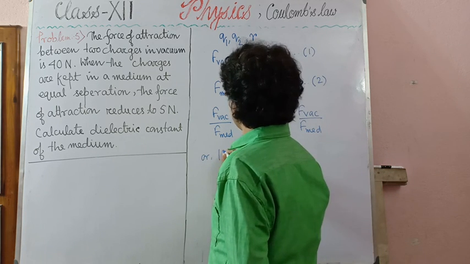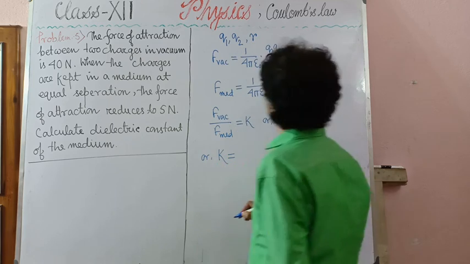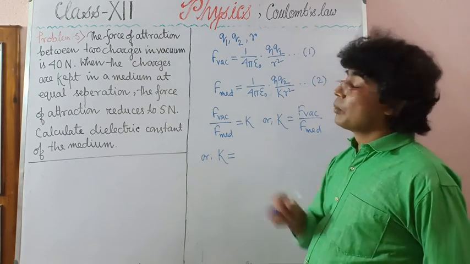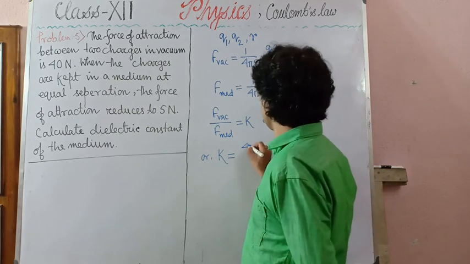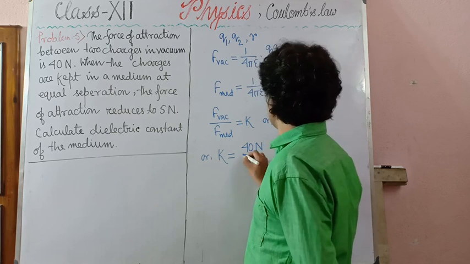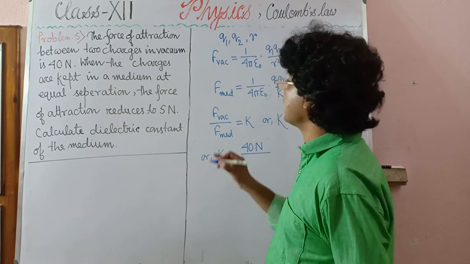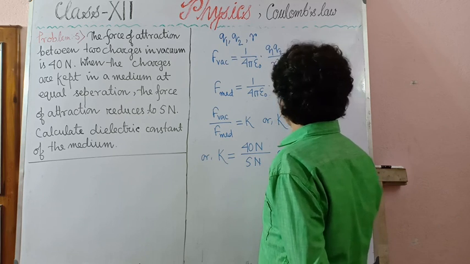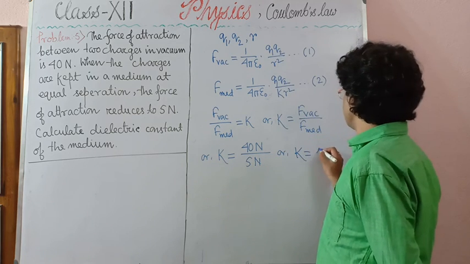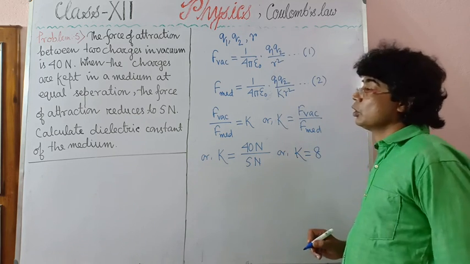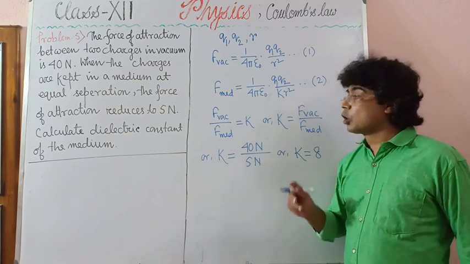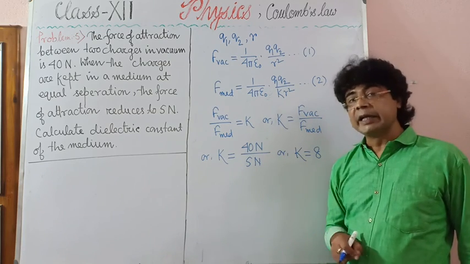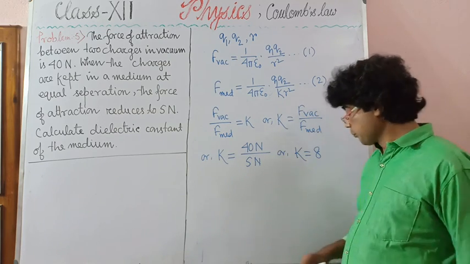Here F vacuum is 40 Newton and F medium is 5 Newton. So K equals 8. So the dielectric constant of the given medium is 8.